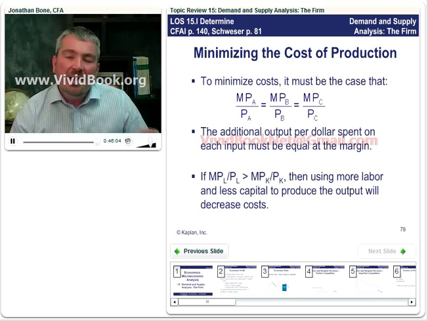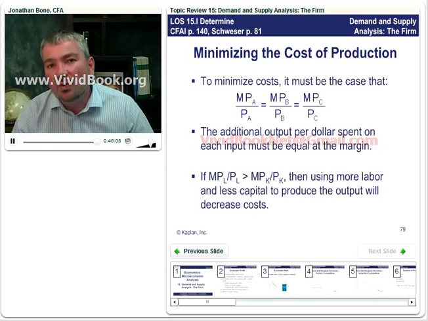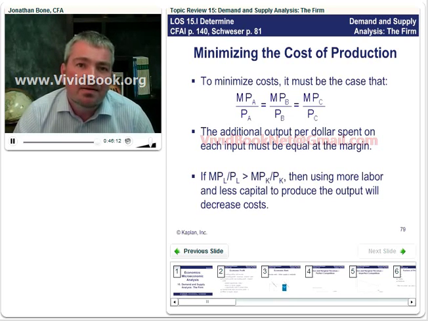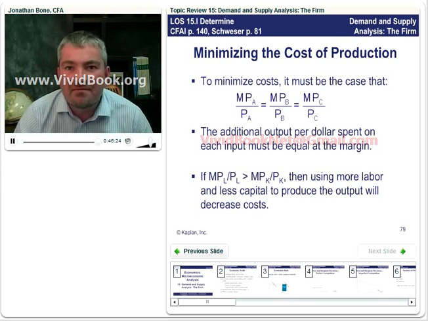But we know labour will suffer from diminishing returns. In other words, the marginal product will decline until eventually the marginal product of labour divided by the price of labour is equal to the marginal product of capital divided by the price of capital. And then, essentially, we know we're at the efficient levels.